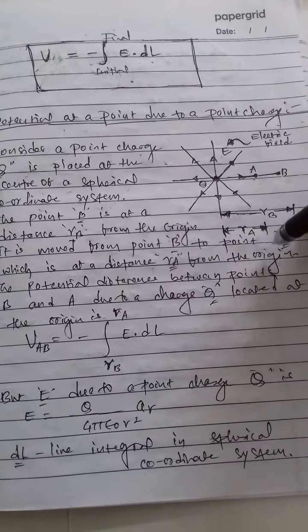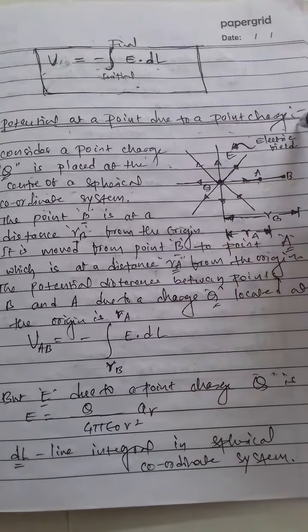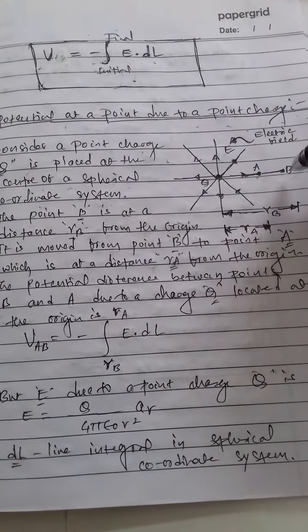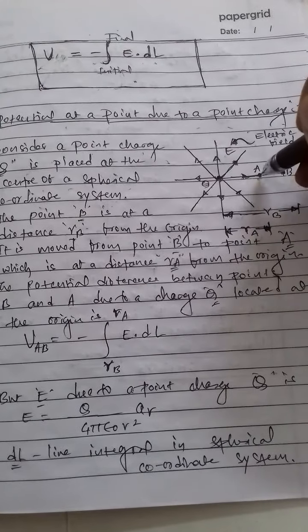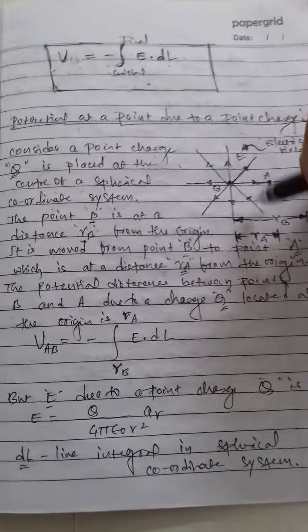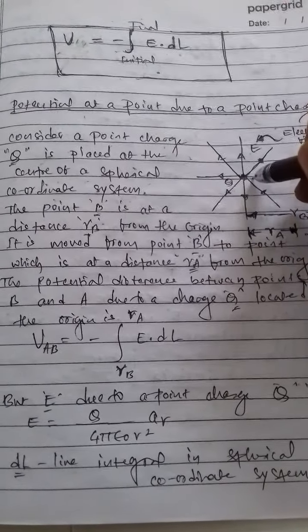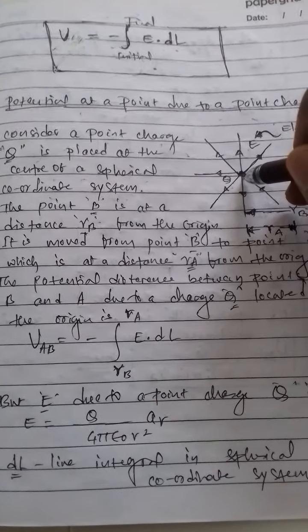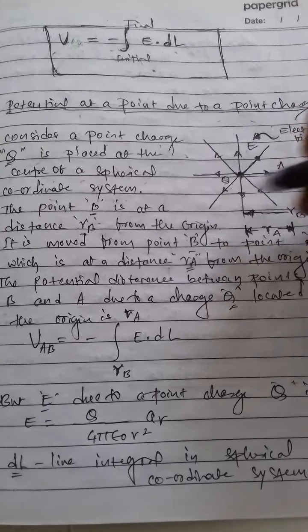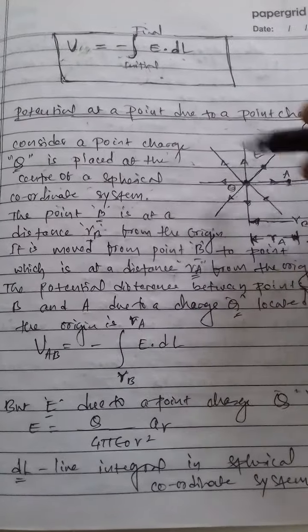Here we are determining the potential at a point due to a point charge. This is point B, this one is point A, and it is a spherical coordinate system, and a charge q is placed at the center of the sphere.